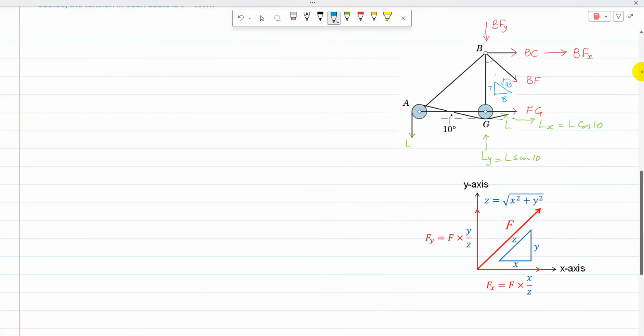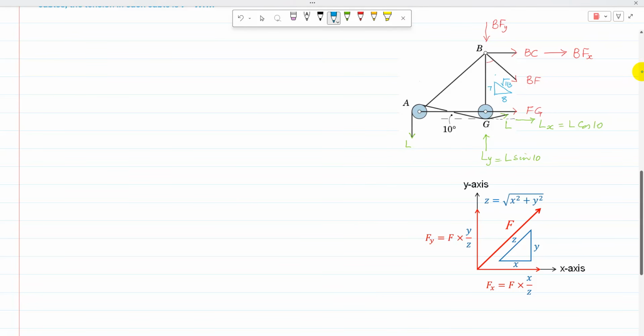Next I can apply sigma Fx equal to 0, sigma Fy equal to 0, and sigma M equal to 0. For the method of sections, it is usually recommended to use sigma M about a point which has the most unknown forces, so point B has more unknown forces.